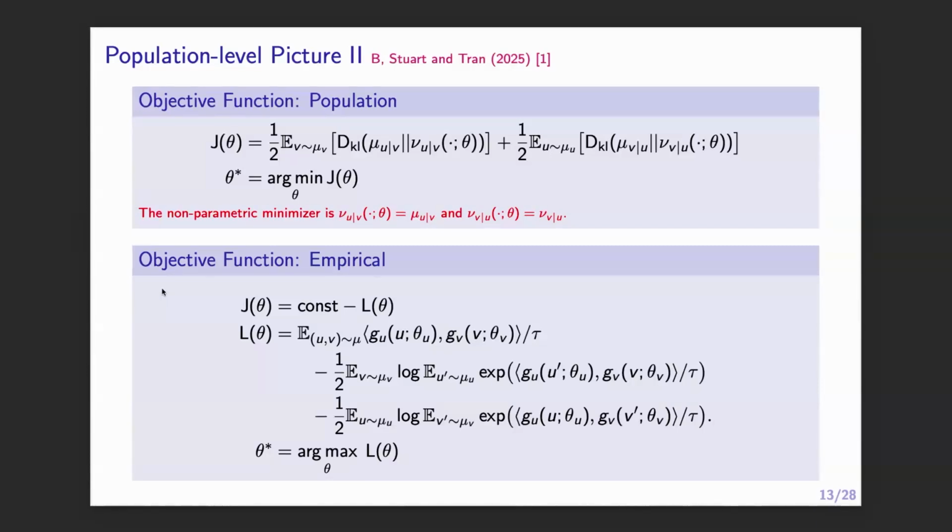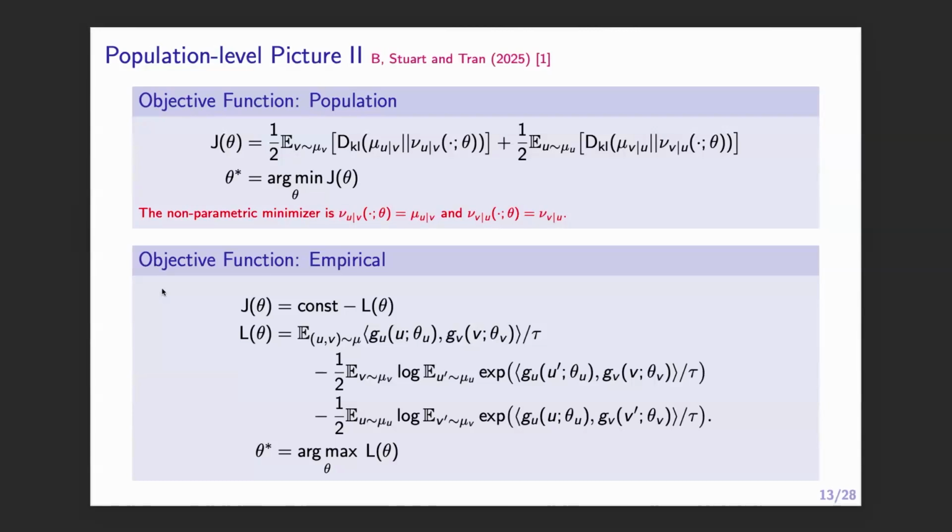Because the conditionals for text given image depend on every image, I should also take an expectation over images. Similarly, for this second term that looks at how well I match the distribution over images given every text prompt, I should take an expectation over the text prompts. Given this objective, you can minimize it in order to find the parameters. If you had a sufficiently rich model, then it would exactly match the conditional distributions under your data.